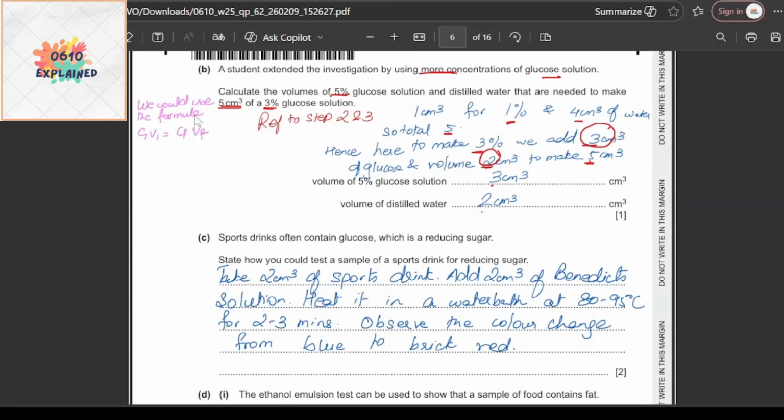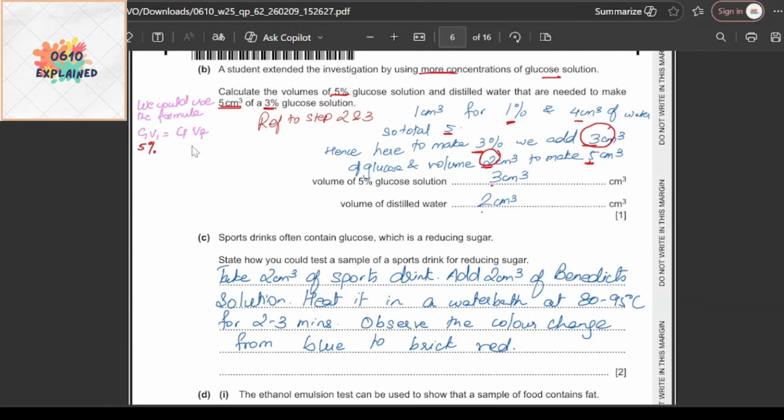Some people would also like to use the formula C1V1 equals CFVF. So what is this C1V1? I will try to explain that as well. C1 will be the initial concentration, which will be 5%.